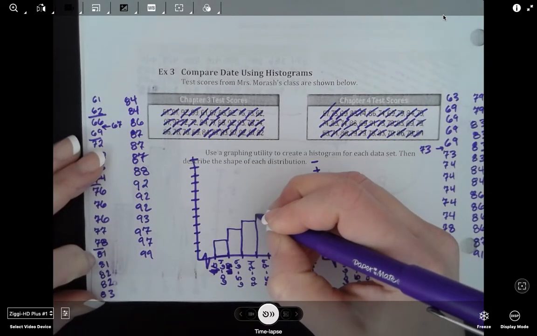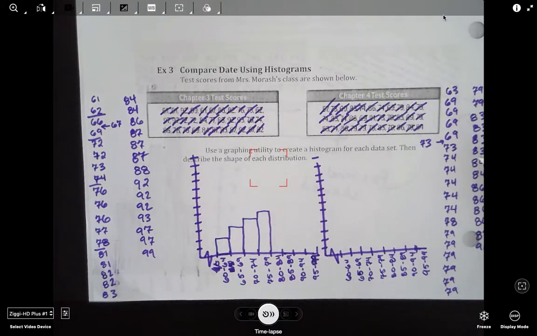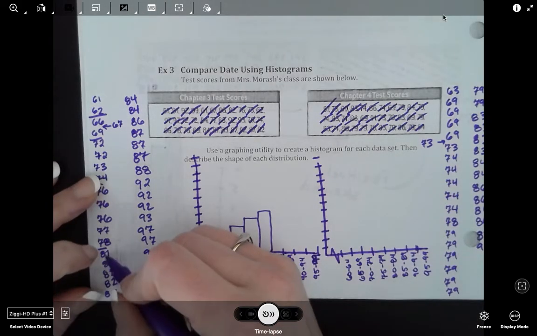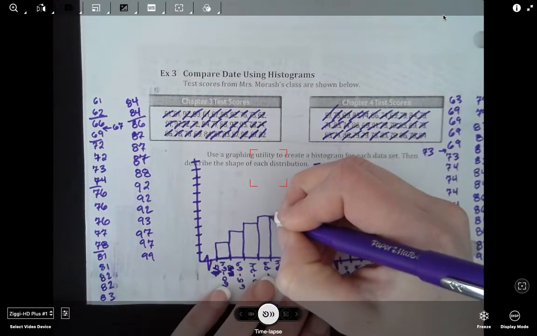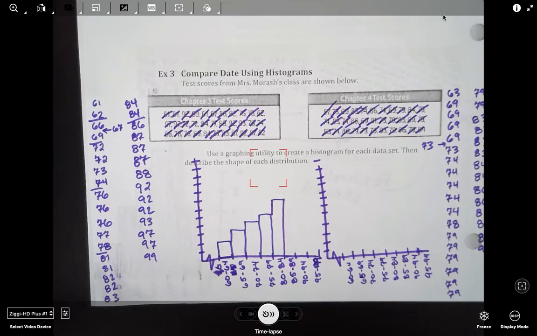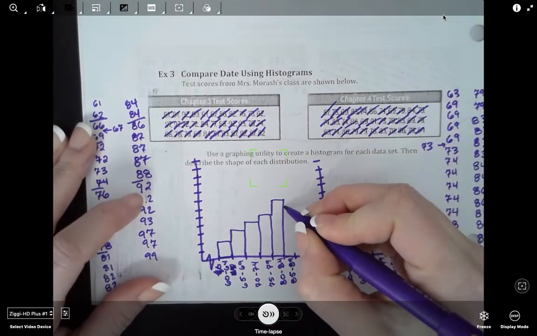Are we just going up by ones every time? 2, 3, 4, 5. Okay. 80 to 84. 1, 2, 3, 4, 5, 6, 7 this time. Going up 2 more. 85 to 89 is 5 numbers.